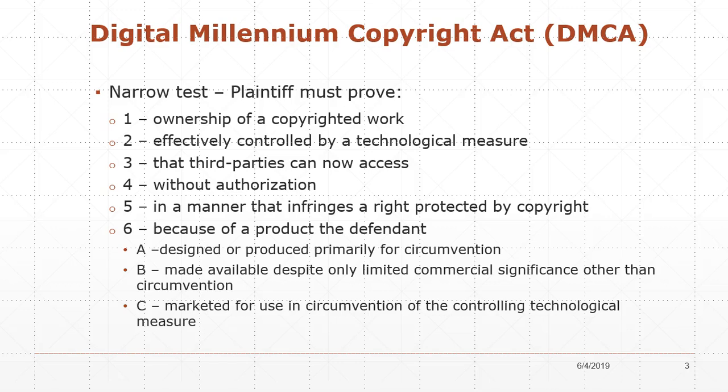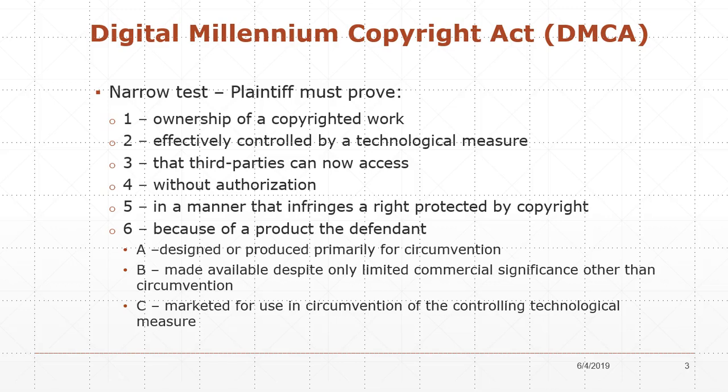In the courts that used the narrow test, the plaintiff must prove that there's ownership of a copyrighted work that was effectively controlled by a technological measure that third parties can now access without authorization in a manner that infringes a right protected by copyright, because of a product the defendant designed or produced primarily for circumvention and made available, even if only for limited commercial significance, and marketed for use in circumvention of the controlling technological measure.